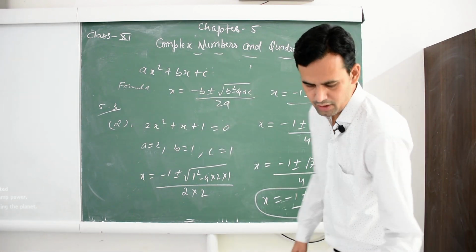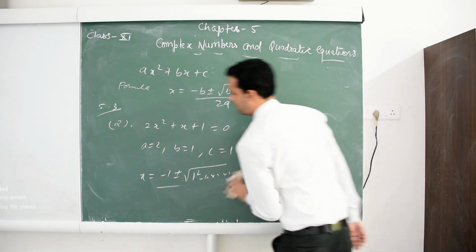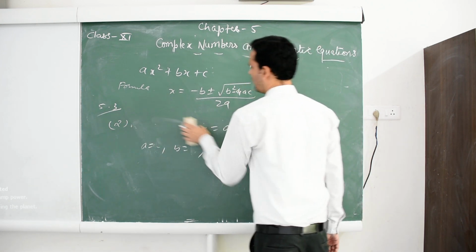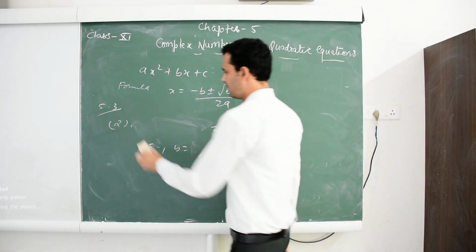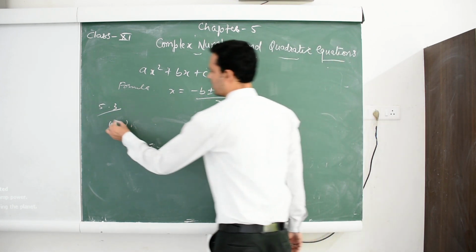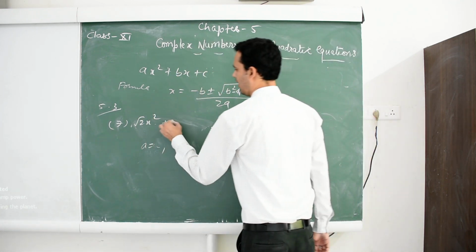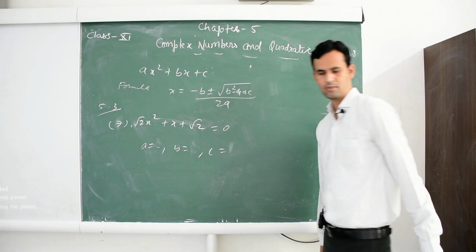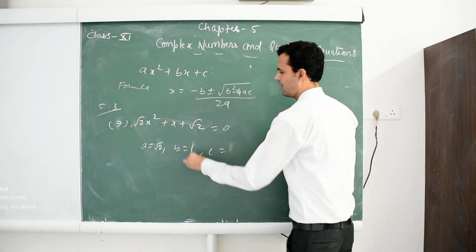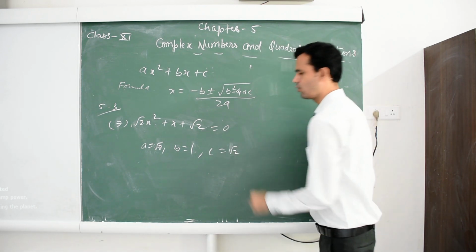Okay, one more question from this exercise. We take one more equation, question number 7. Root 2x square plus x plus root 2 equals 0. So here a is root 2, b is 1 and c is also root 2.